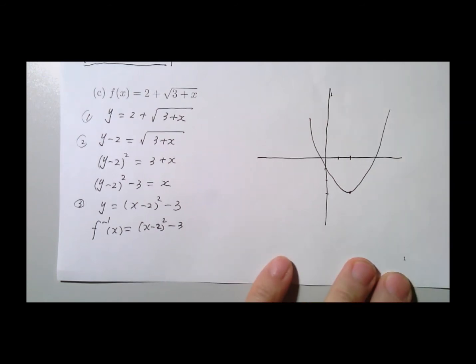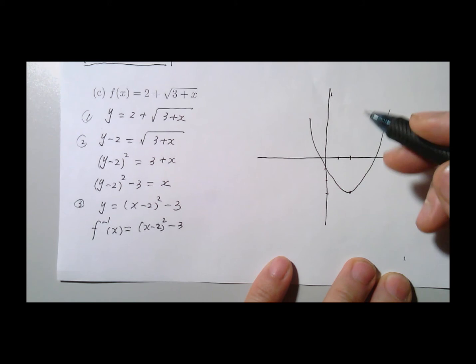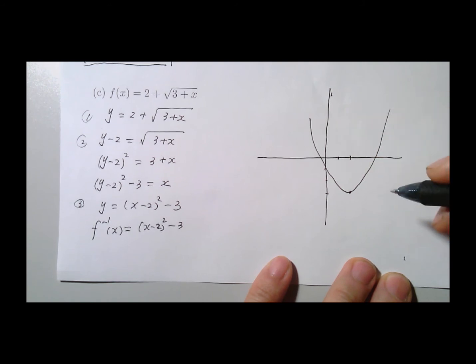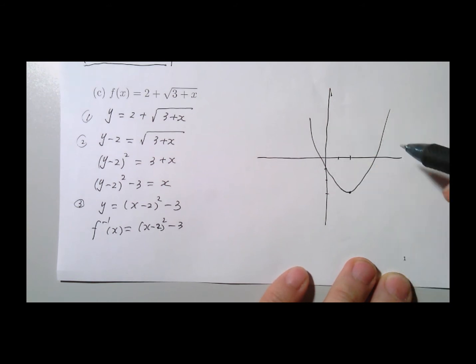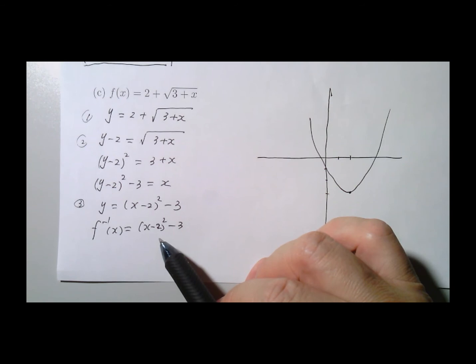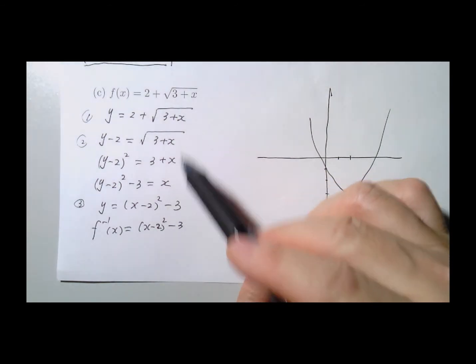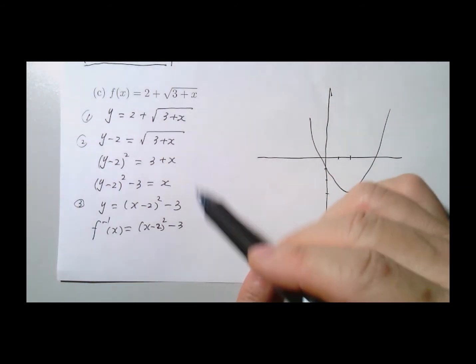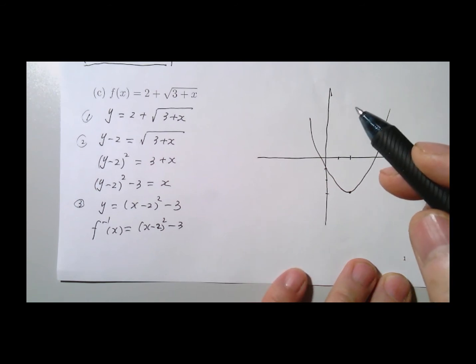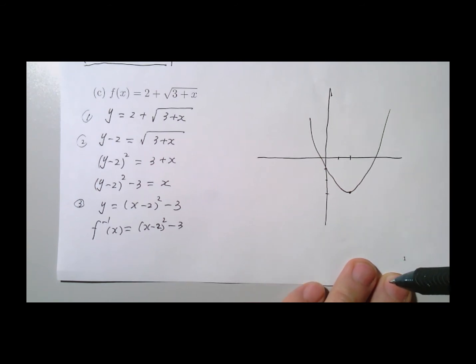That tells us it is not a one-to-one function. If it's not one-to-one, you can't have an inverse. When you have an inverse function and an original function, both must be one-to-one functions. So this case is not one-to-one, so it doesn't have an inverse.